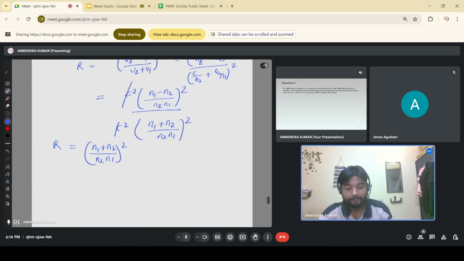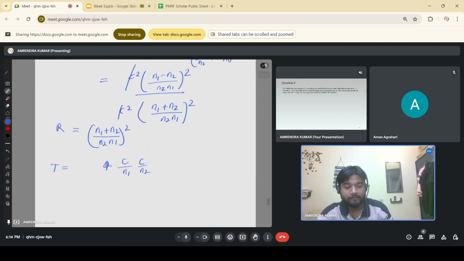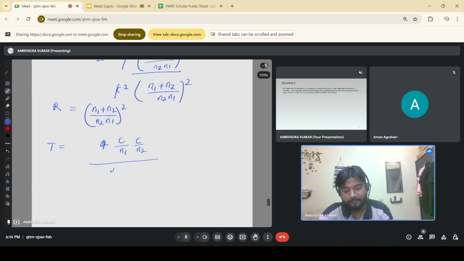Now calculate the transmittance, which is 4 v1 v2 over v1 plus v2 whole square, that means 4 c by n1, c by n2 over c by n1 plus c by n2 whole square.